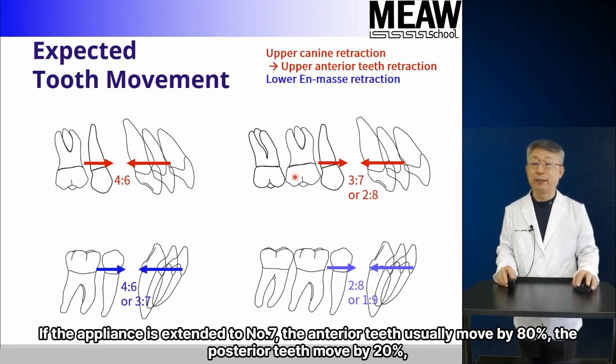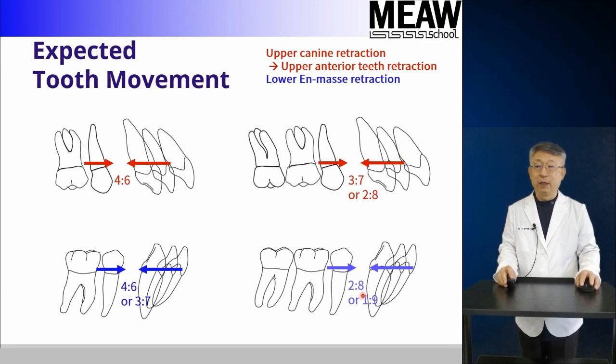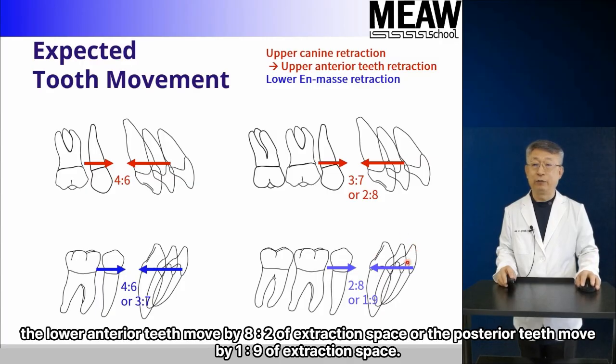If the appliance is extended to number 7, the anterior teeth usually move by 80%, the posterior teeth move by 20%, or the upper anterior teeth move by 70%, the posterior teeth move by 30%. In the case of extracting the lower premolars and extending the appliance to the tooth number 7, the lower anterior teeth move by 8.2 of extraction space, or the posterior teeth move by 1.9 of extraction space.